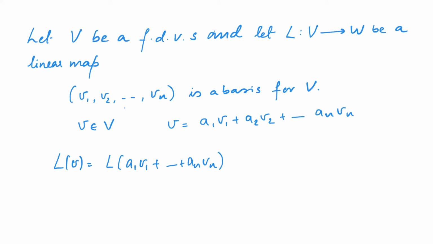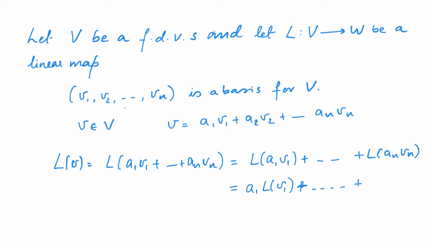And thus, by this more general result, we get that L of a1 v1 plus etc. up to an vn is equal to L of a1 v1 plus etc. up to L of an vn. Once again, by linearity, we can rewrite L of a1 v1 as a1 times L of v1 and L of a2 v2 as a2 times L of v2 and so on.